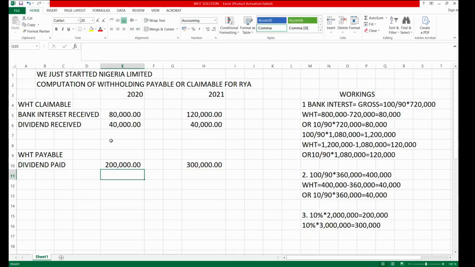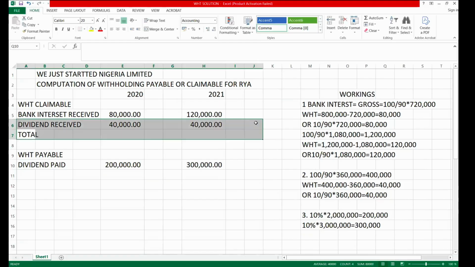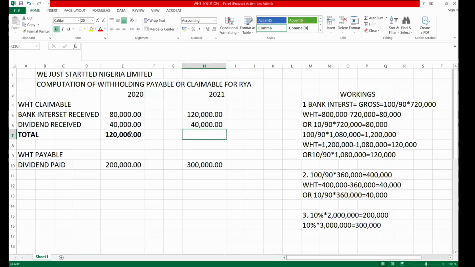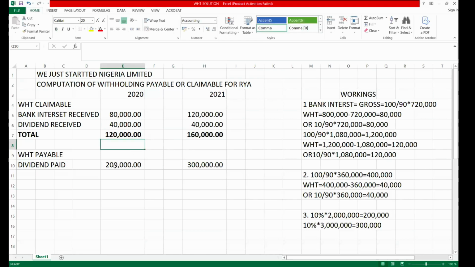So the total for this is 120,000, and this will give us 160,000. Can we deduct this withholding tax payable from the withholding tax claimable? No. They are to be treated as separate items.